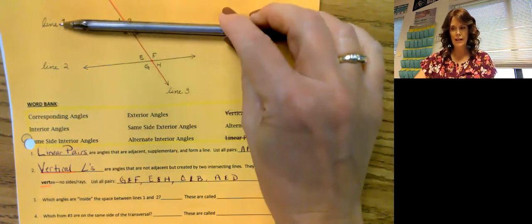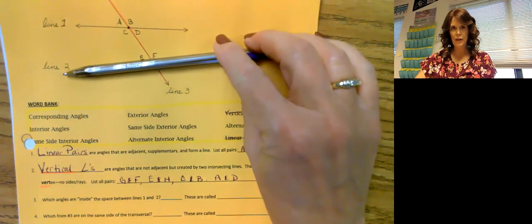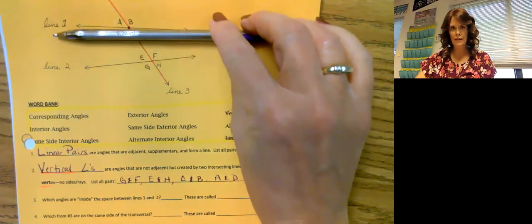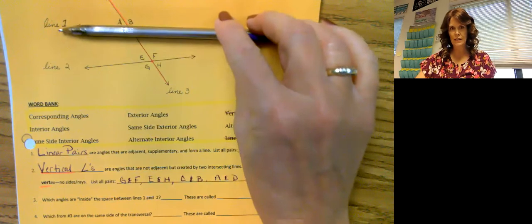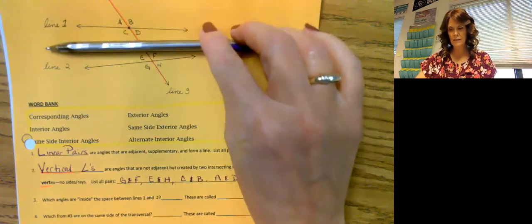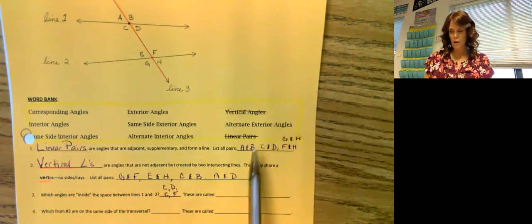All right, number 3, which angles are inside the space between lines 1 and 2? So inside the space created by these two lines, in here, inside, okay. What are those? Well, C and D and E and F, right? So C, D, E, and F. And what do you think we call these angles if we look up here and look at our choices?